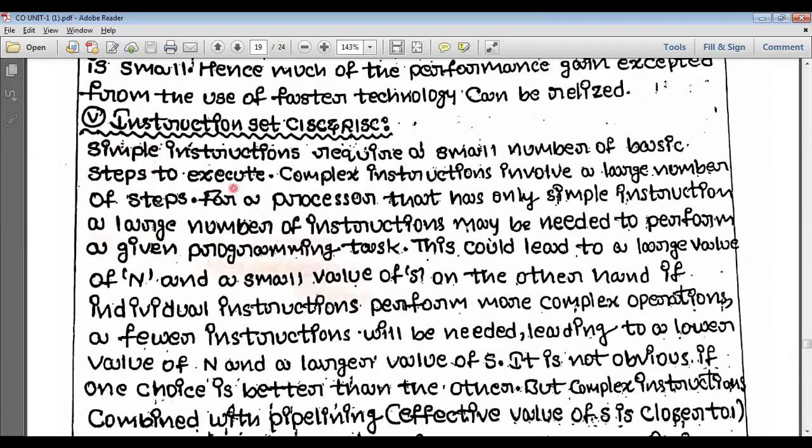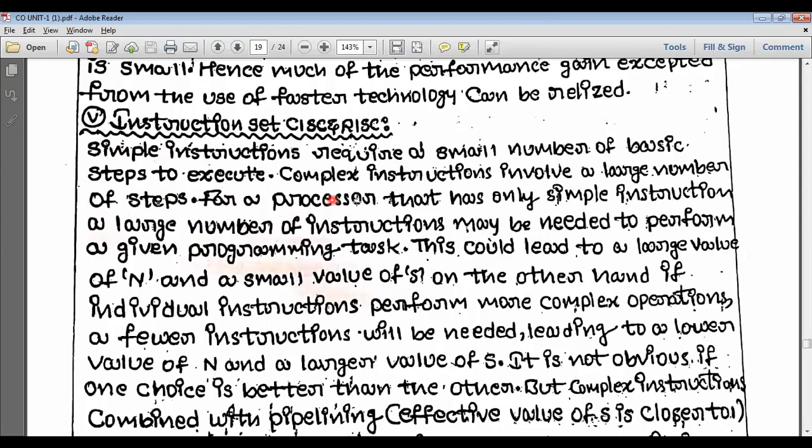That is, if you are taking add R1, R2, then only one step will be there. That is a simple instruction. Complex instructions involve a large number of steps. That is, a complex instruction means add R1, R2, R3. For doing that, 2 steps are required. That means a larger number of steps are there.